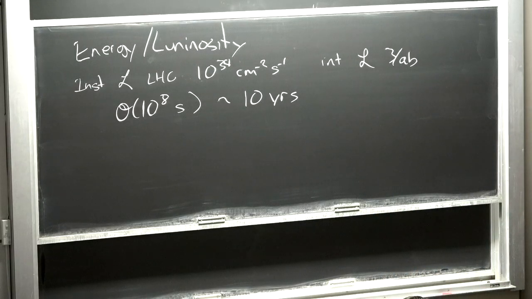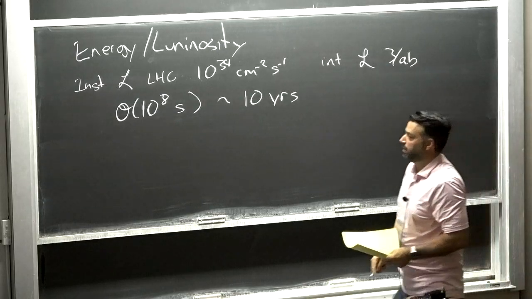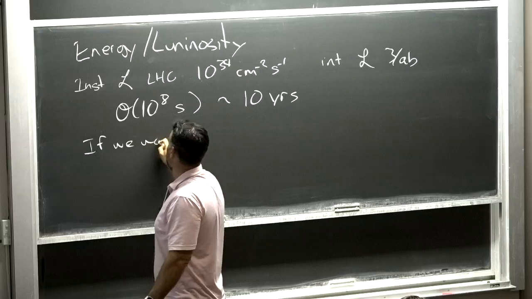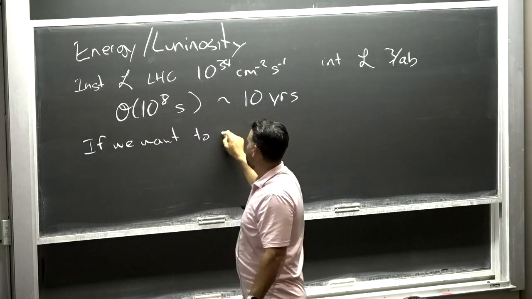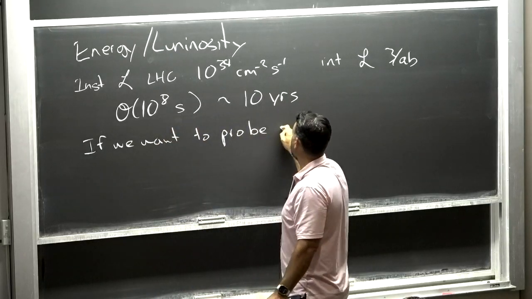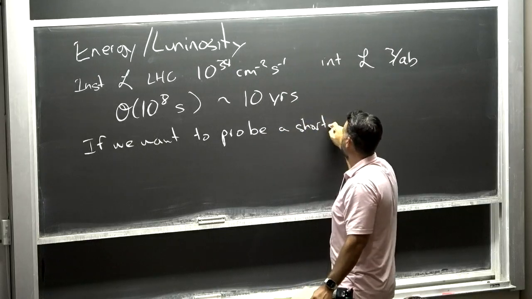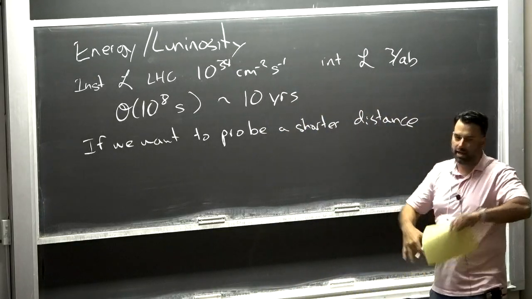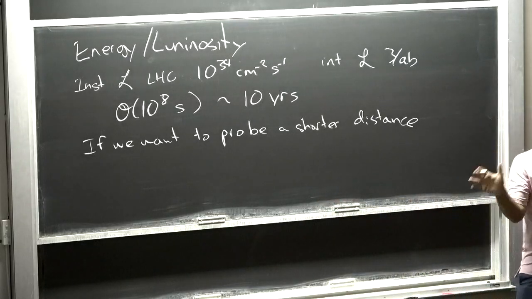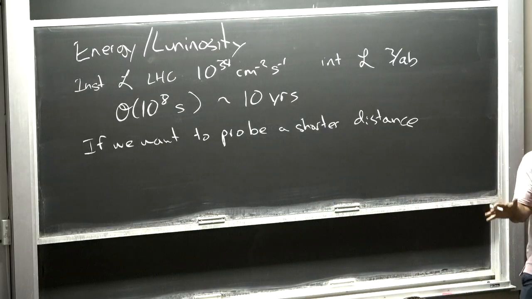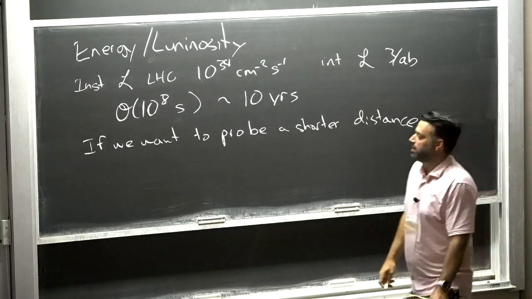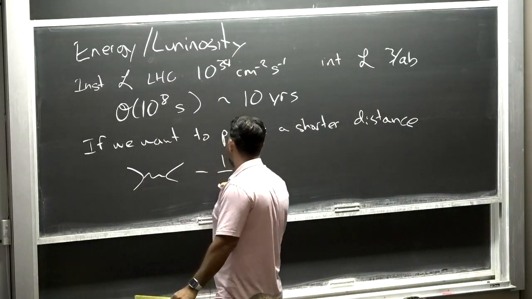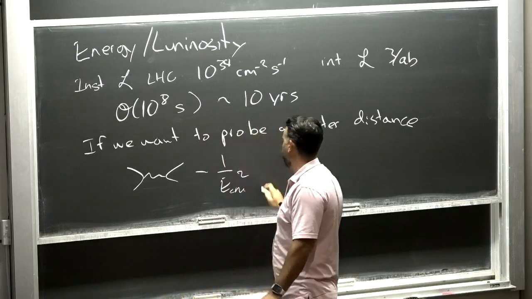Now, if we want to increase the energy, we want to probe nature at a shorter distance. We said any S-channel process, it doesn't care about the model you're doing. Just quantum mechanically, the amplitude tells you that the S-channel process dies like 1 over the center of mass energy squared.